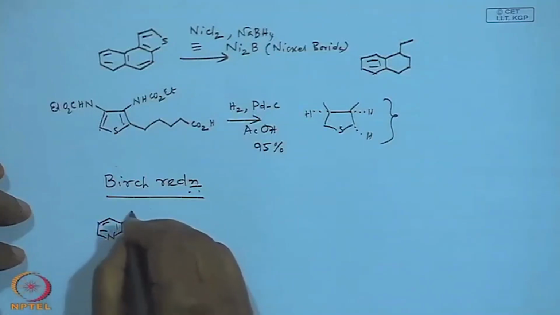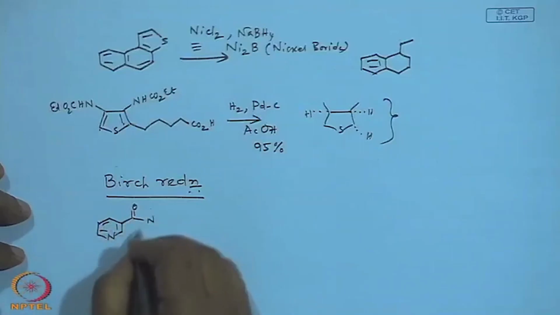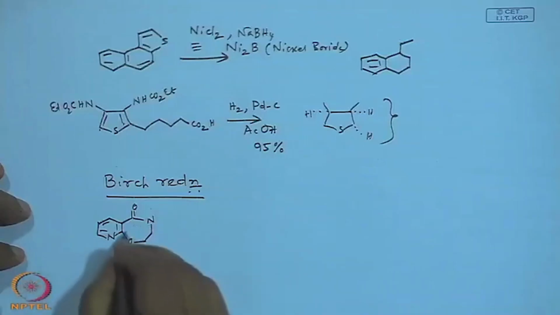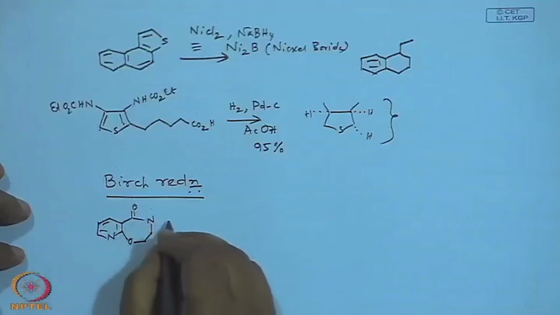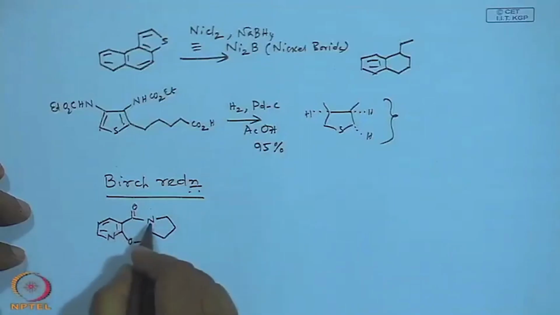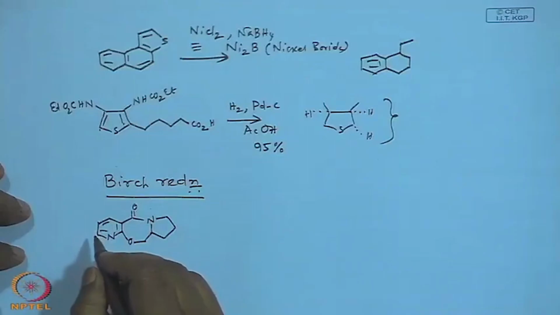A pyridine nucleus with the carbonyl up here, then a 4, 5, 6, 7 membered ring, and then you have a 5 membered ring. So, you can see that you have a pyridine nucleus, and in the middle you have, what is the name of this nucleus?